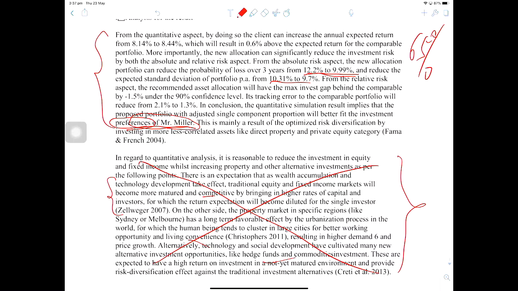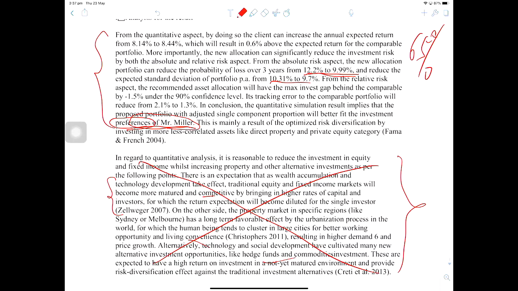Maybe they want to propose some asset allocation into alternative asset. But is this relevant for me? Well, in what way? If you do want to recommend investment into alternative asset, how is it related to my case?